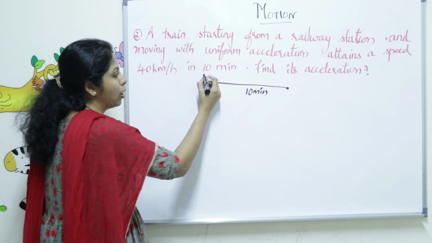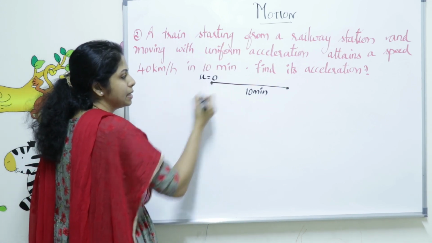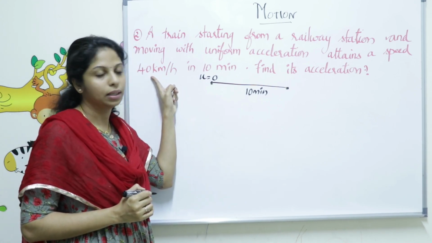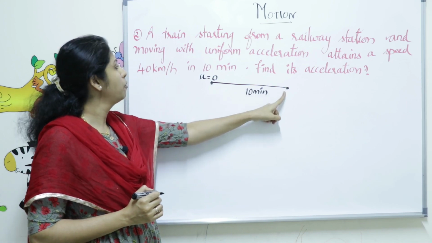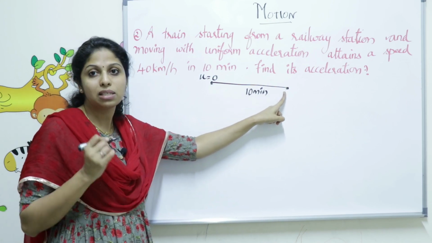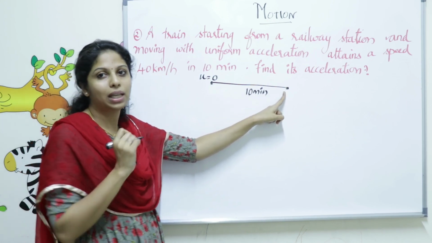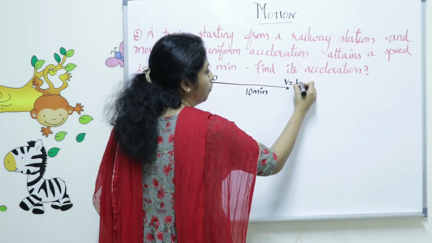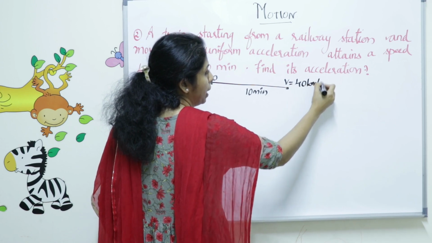So, the initial velocity of the train will be 0 and it attains a speed of 40 km per hour. That means its final velocity is 40 km per hour, so v is equal to 40 km per hour.